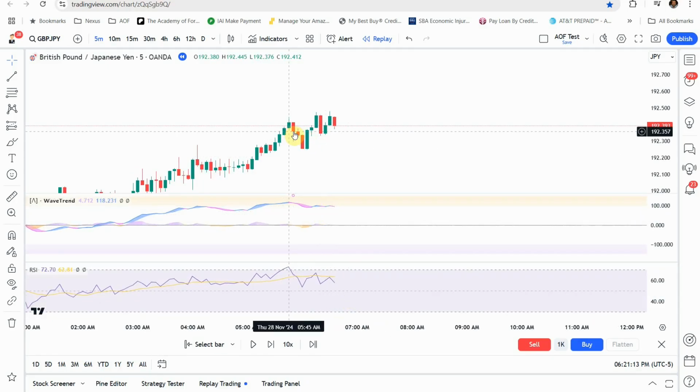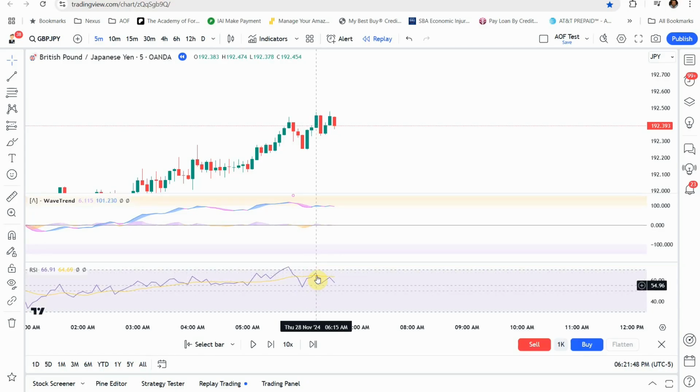Basically, the price that created this bump on the RSI is lower than this price here, which created a lower bump on the RSI. This shows that price is losing its momentum. Even though price made a higher high here, the RSI did not make that same higher high.